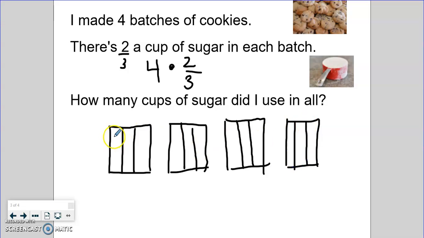Alright. So here's 1/3 and 2/3, right? 1/3 and 2/3. 1/3 and 2/3. 1/3 and 2/3.